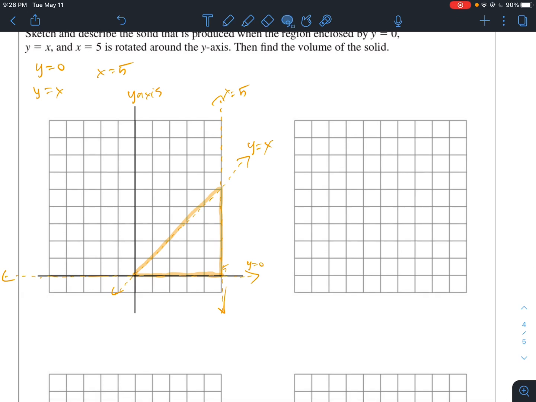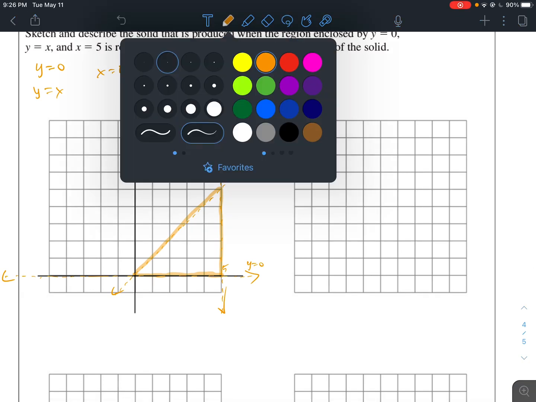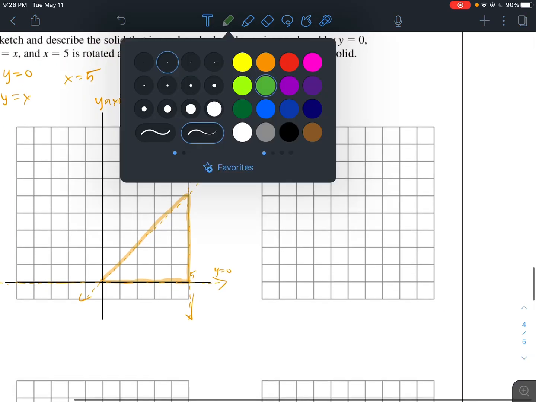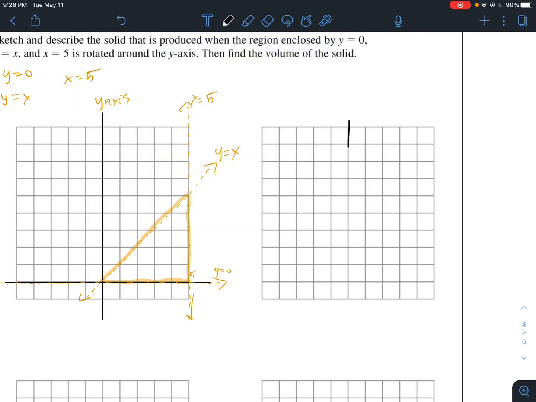Okay, so again, I don't think I want to bother drawing. I probably should. So if we draw our axis again, right there. And right there.